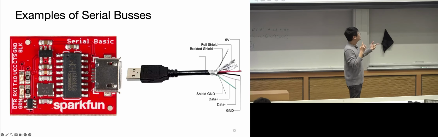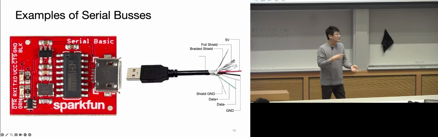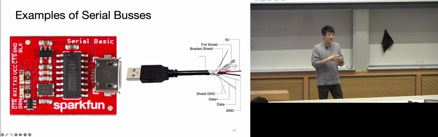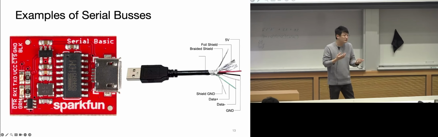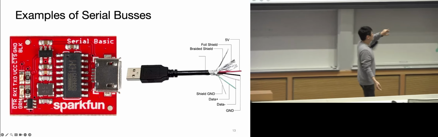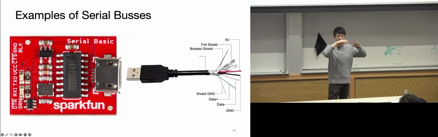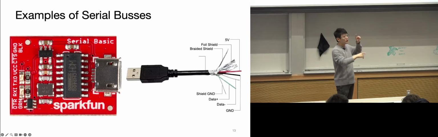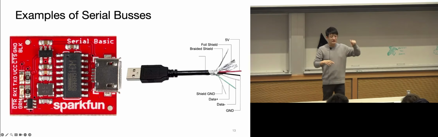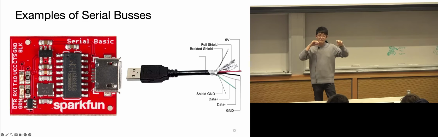For USB specifically, in order to make the communication more robust and increase the signal-to-noise ratio, instead of having one line that carries logic 1s and logic 0s, they actually have two lines. One carries the positive, one carries the negative.